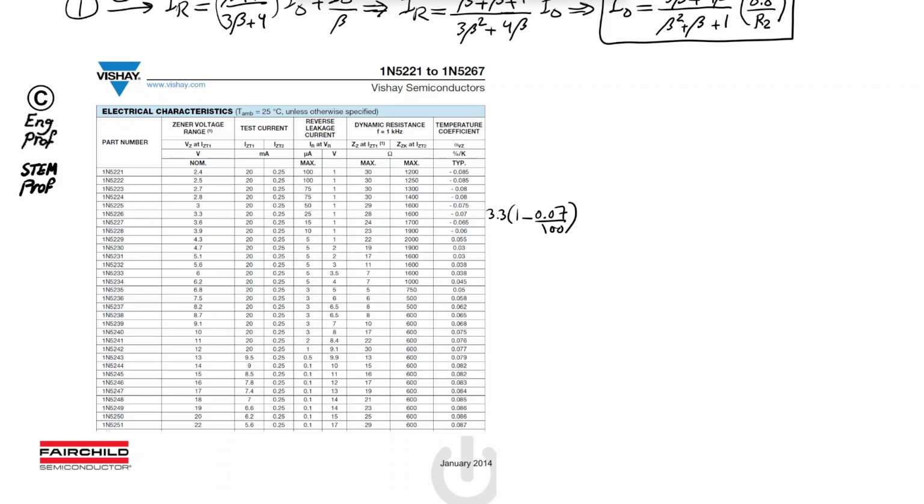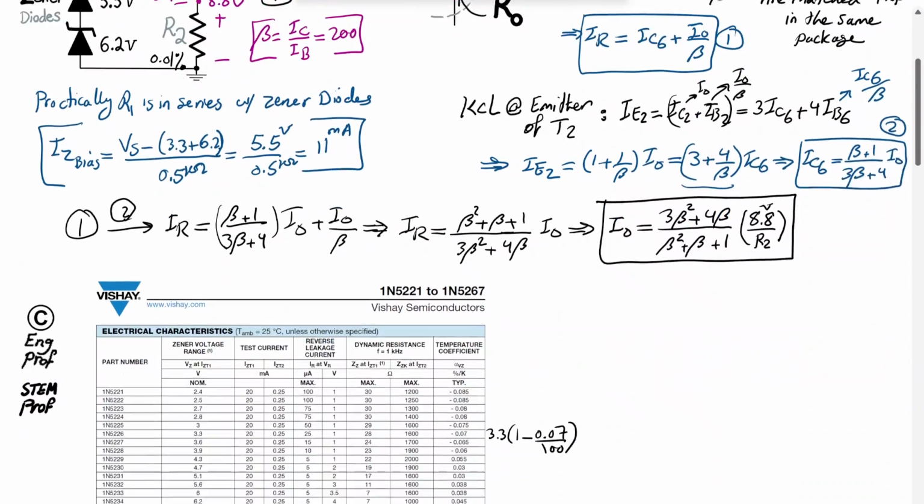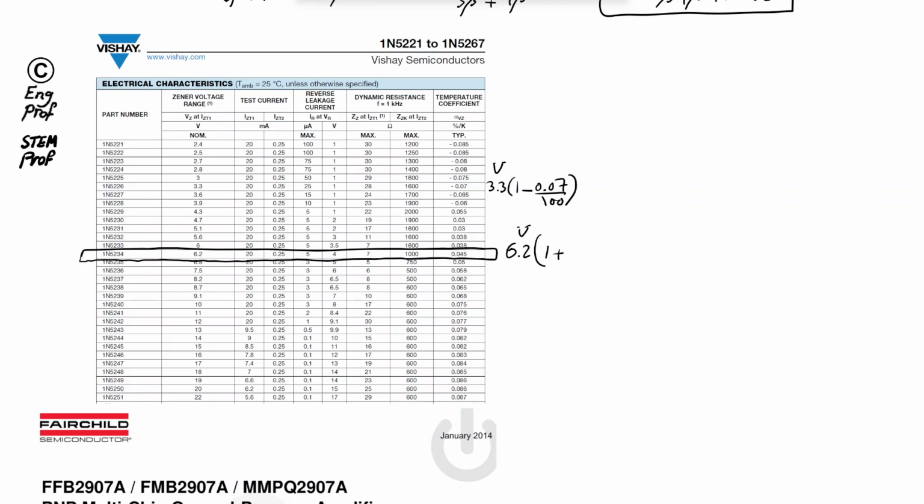That's how the nominal voltage of this Zener diode is changing, because it has a negative temperature coefficient. The other Zener diode has 6.2 volt. If you go back to the table for this specific provider, you can see the 6.2 volt Zener diode with the temperature coefficient of positive 0.045. So in this case, it's nominal 6.2 volt times (1 plus 0.045 divided by 100).